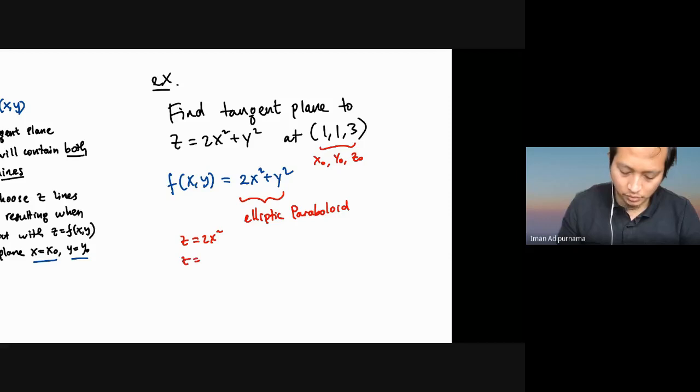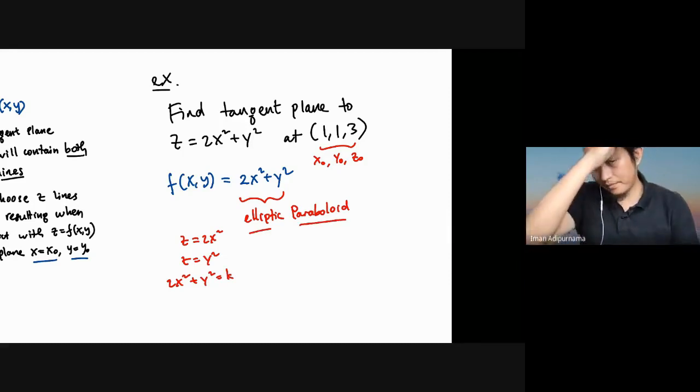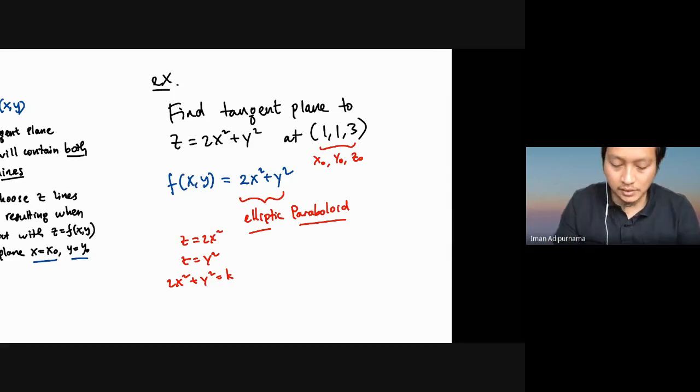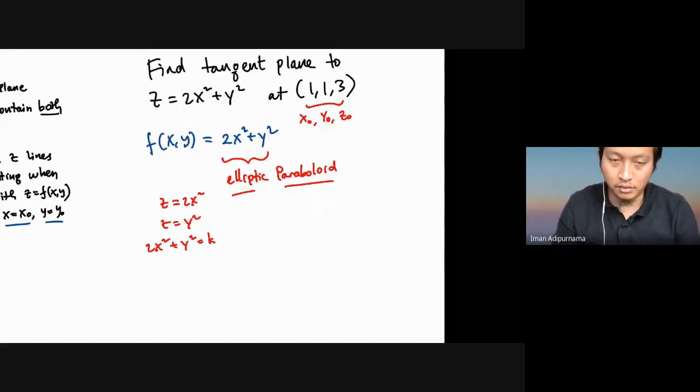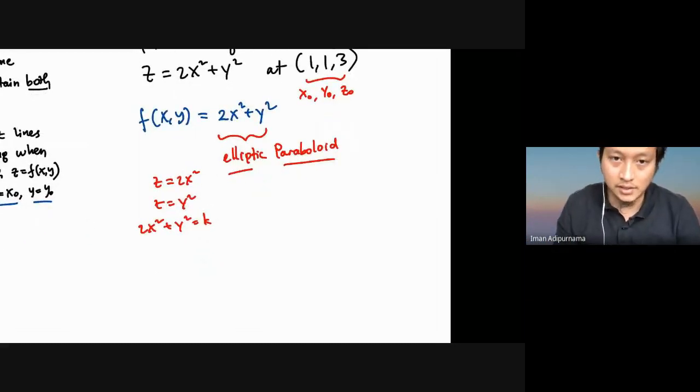When you have z equal y squared, it's also a parabola. But when you have 2x squared plus y squared equal a constant, it will be an ellipse, right? So it's an elliptic paraboloid. But it doesn't really matter for the name now, because it isn't asking anything related to the name, right? So we are just focused on finding the partial x.